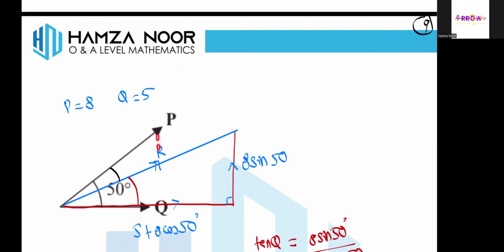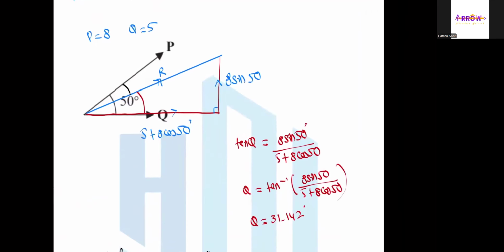So basically the magnitude of the vertical component of P would be the same as the magnitude of the vertical component of R. However, the magnitude of the horizontal component of the resultant force would be greater as compared to force Q itself, because force Q is acting horizontally. So I'm just trying to establish the fact that this angle over here, theta, would definitely be below 50 degrees. It cannot be exactly equal to 50, and it cannot be more than 50.